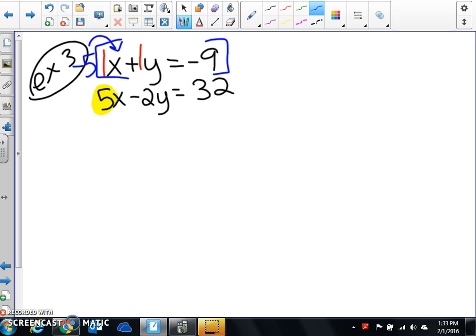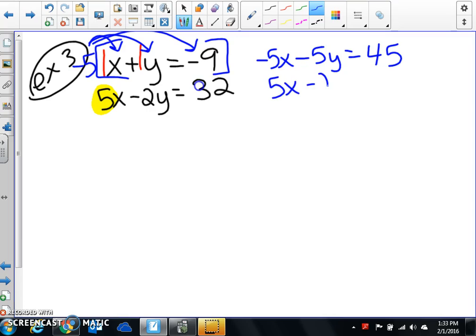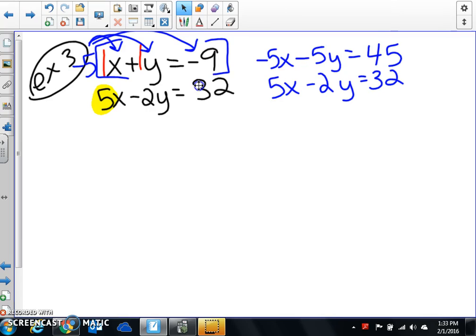So now I multiply. Negative 5 times 1x is negative 5x. Negative 5 times y is negative 5y, and negative 5 times negative 9 is a positive 45. I rewrite the bottom one that I have not messed with at all, exactly as I see it. Now, I look at my x's, same coefficient, they're opposites, so I add.